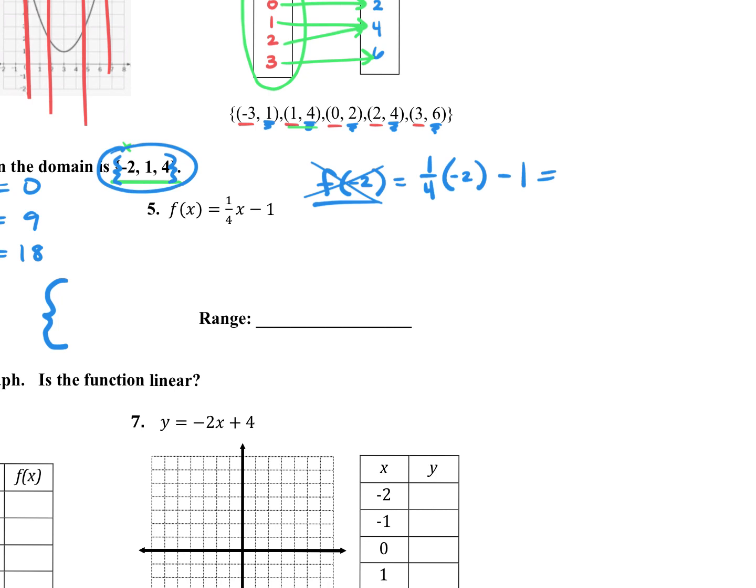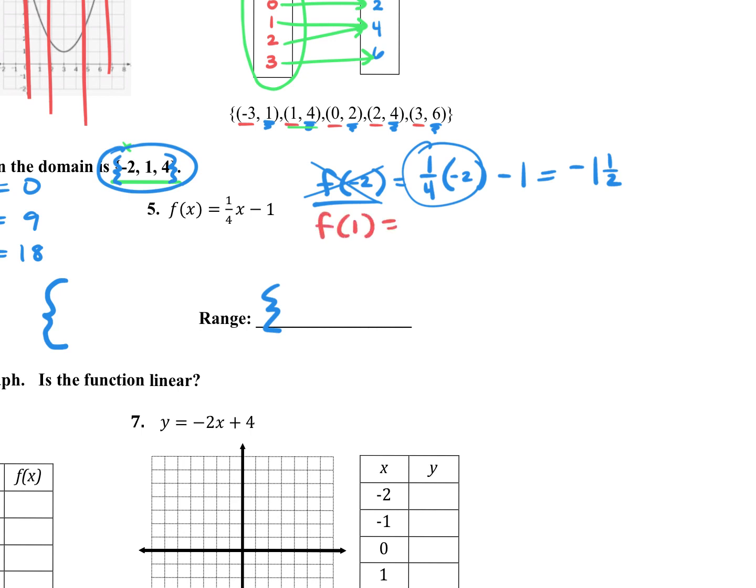So positive 1/4 times -2 is what? Negative 1/2. You're welcome to plug this into your calculator too. So this is negative 1/2 minus 1 is a negative 1 1/2, or a negative 1.5 if you like decimals better. So that's f of negative 2. Then we go f of 1.